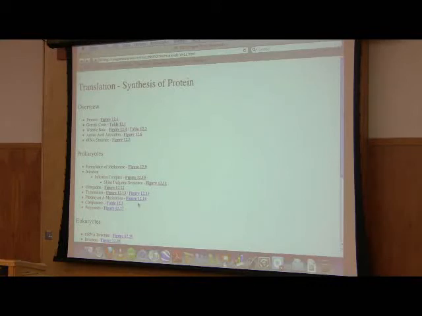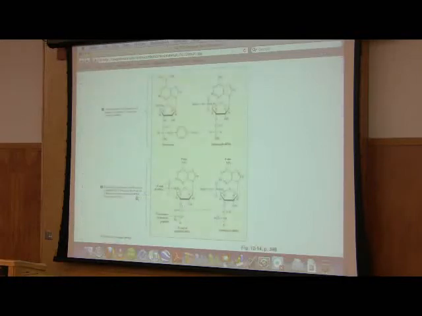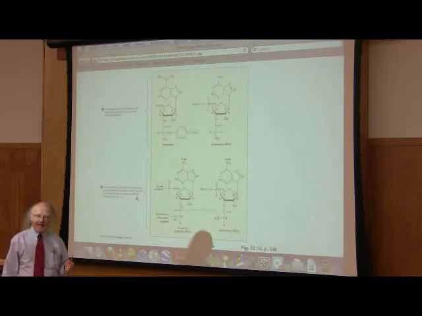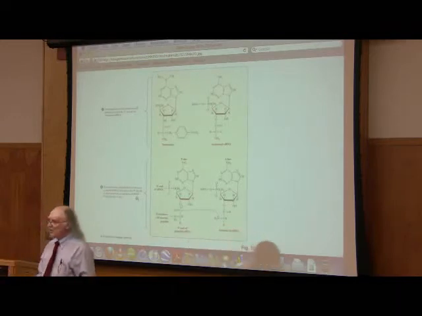One of these is puromycin. Okay? Puromycin has a structure that looks like this. It looks kind of like a tRNA, and it kind of looks like it's got something attached to it. And it turns out that puromycin will actually bind in the A site of a bacterial ribosome.